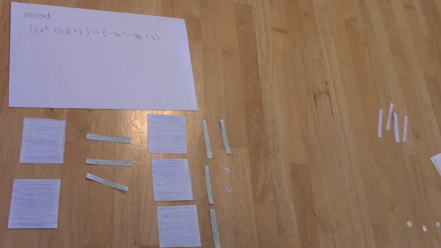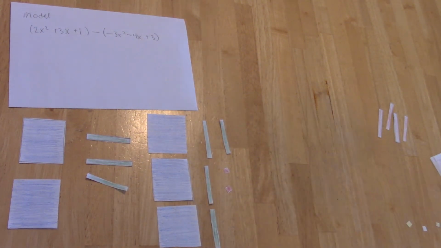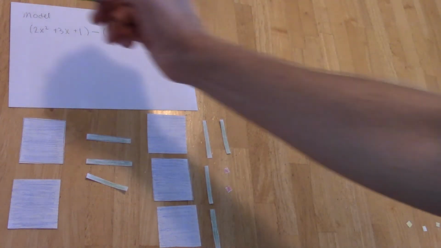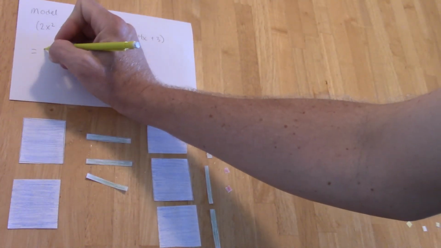Alright. So here we're at now we need to do an exercise like we did before, which is just count what we have left. We have 1, 2, 3, 4, 5 x squareds. So when I modeled them, I took all the appropriate pieces away. Now I have 5 positive x squareds left.